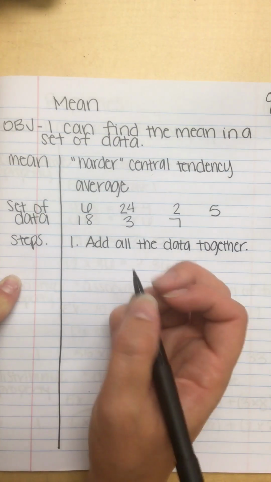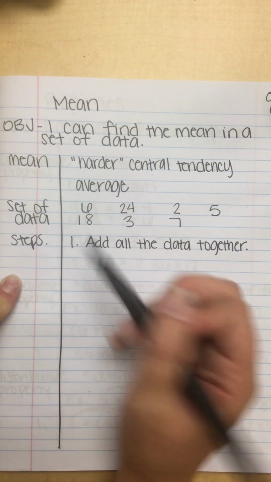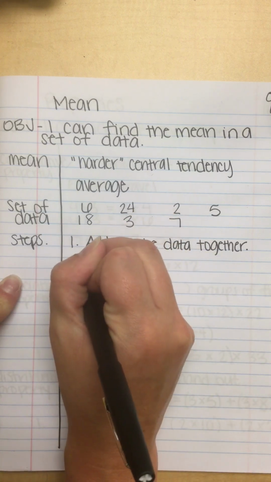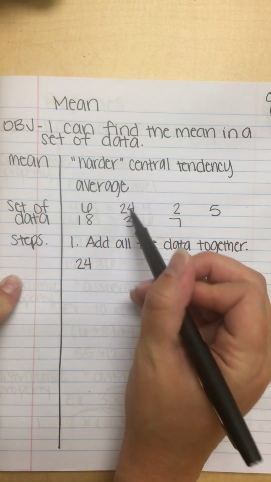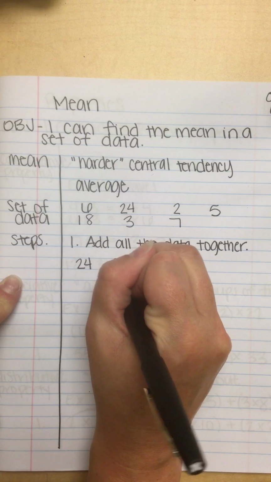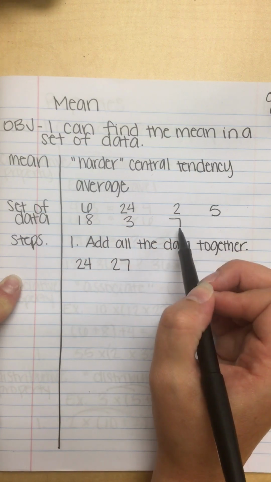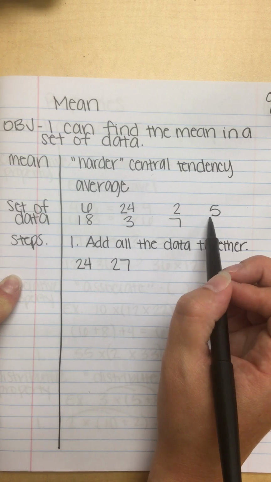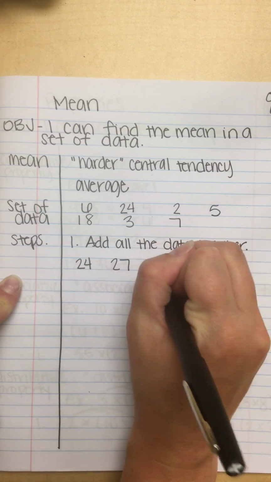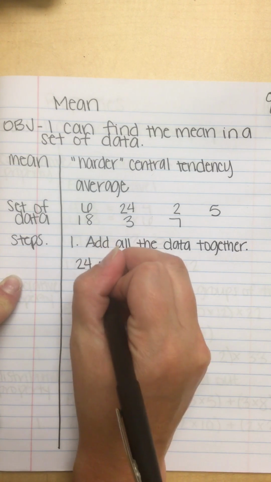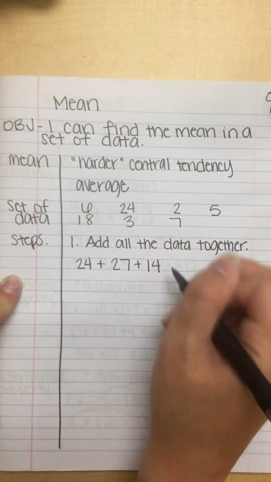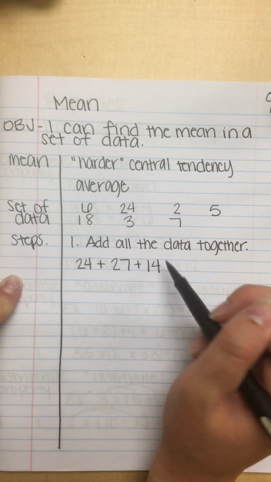That's the first thing we're going to do. So if I'm going to add all of these, I know 6 and 18 gives me 24. 24 and 3 gives me 27. 2 and 7 give me 9. 9 and 5 give me 14. And then I'll just add these together. So I have 24, 27, and 14.